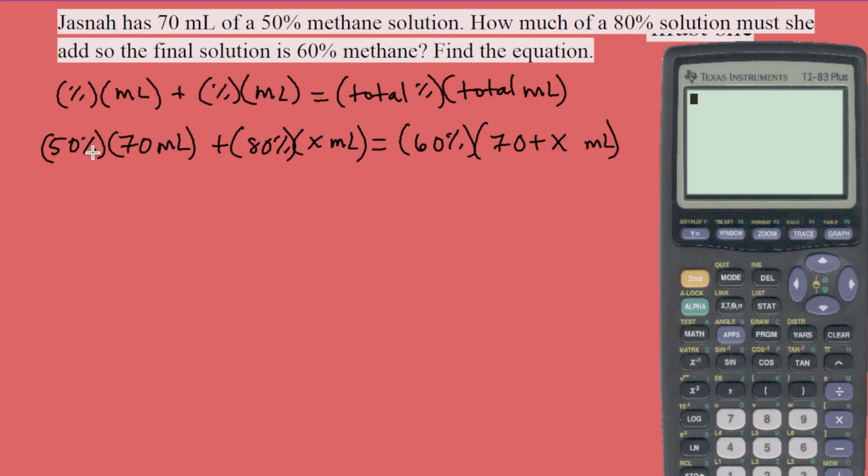Let's solve this. So turn all the percents into decimals. That is 0.5 times 70 plus 0.8 times X equals 0.6 times 70 plus X. Let's simplify. 0.5 times 70, or 50% of 70, is 35.